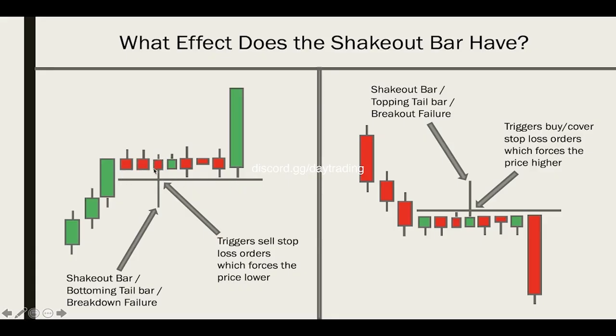Now, when this bottoming tail forms, we know that it drops in price before the buyers show up here and bring it right back up. So it shows us that the buyers are taking control. And what this bottoming tail does, as it's dropping, is trigger every single stop loss at this support level.